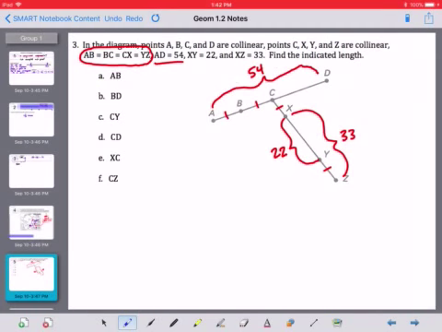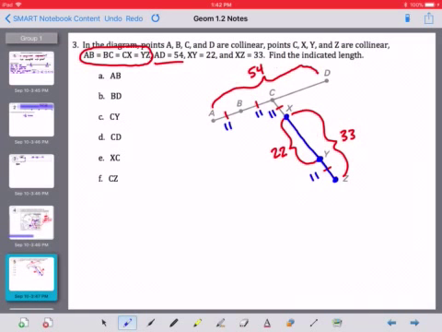So the first thing I notice is that this segment XZ, if that whole thing is 33 units long, and from X to Y is 22, from Y to Z has to be 11. Well, if YZ is 11, AB is 11, BC is 11, and CX is 11, because they're all the same.